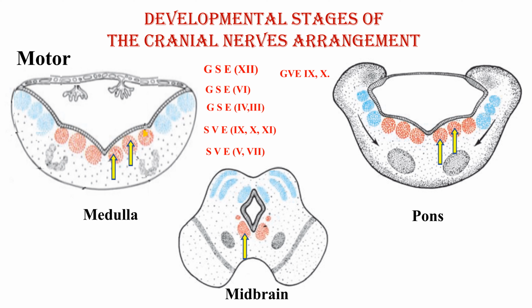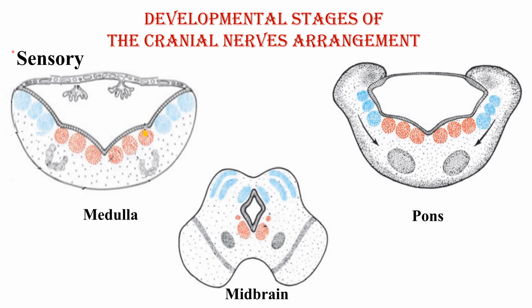Those general visceral efferent fibers for the vagus and glossopharyngeal are found in the medulla, for the 7th in the pons, for the 3rd it is found in the midbrain. That is the motor part. When it comes to the sensory part here, the general visceral afferent fibers for the glossopharyngeal and the vagus are in the medulla.